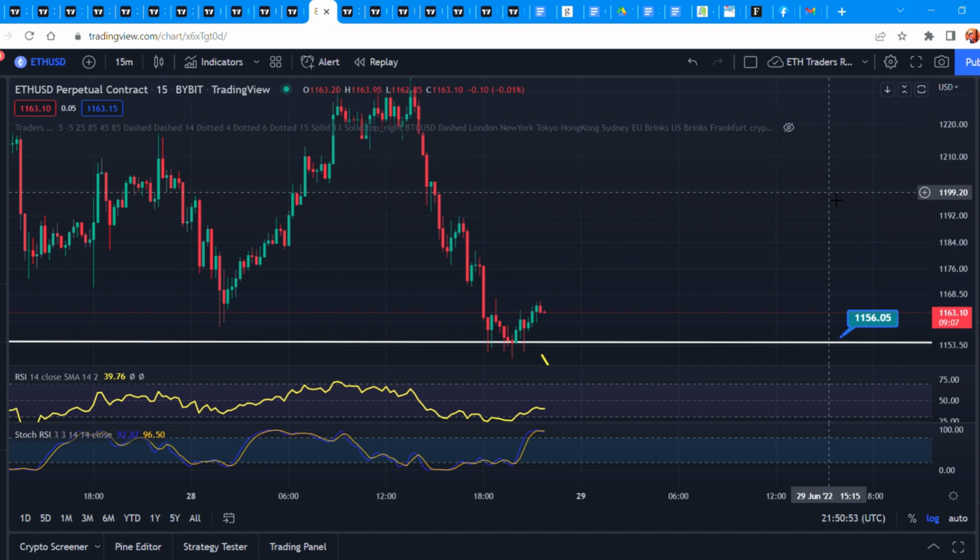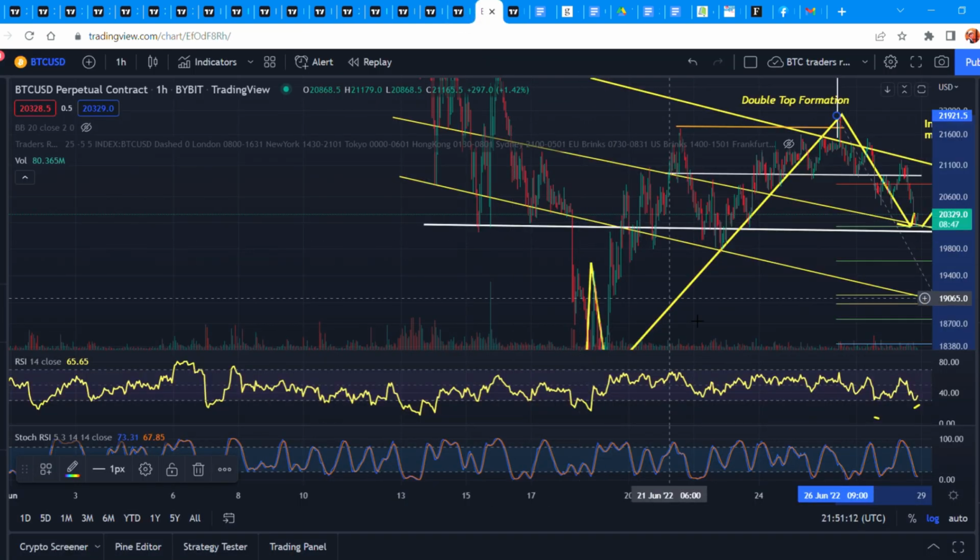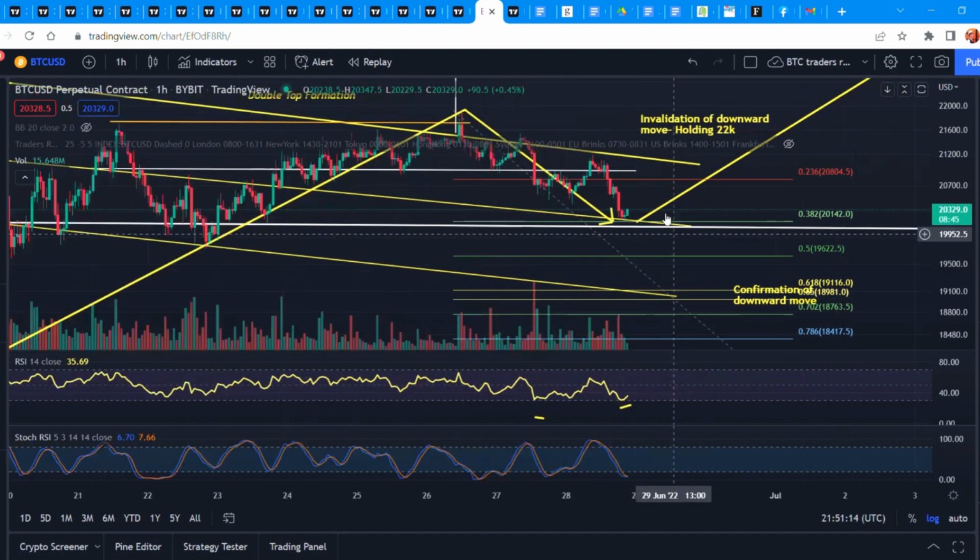Yeah, there will be moments when one of them will take over. For instance, as I'm looking at the moment on Bitcoin, at this being a reversal.